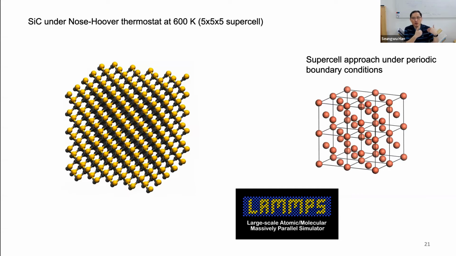We applied periodic boundary conditions, and therefore the simulation box is repeated in every direction, in three dimensions, and therefore it is essentially an infinite system with periodic boundary conditions. And we have used the LAMMPS package for the MD simulation. So this is at 600 Kelvin. You can see a small vibration. Okay, so from the simulation, you have the trajectory of the atoms.